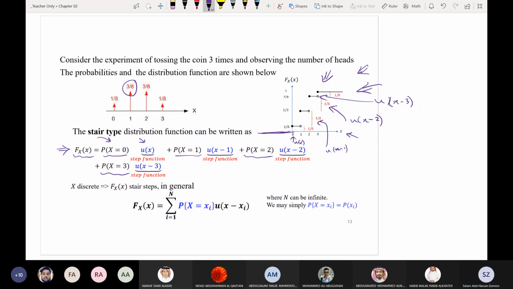Okay, so for discrete functions, fx of x is always a stair step function that looks like this. It's a summation of shifted step functions at xi, which are the possible values of x: x1, x2, x3, xn, multiplied by the probability of every value xi.